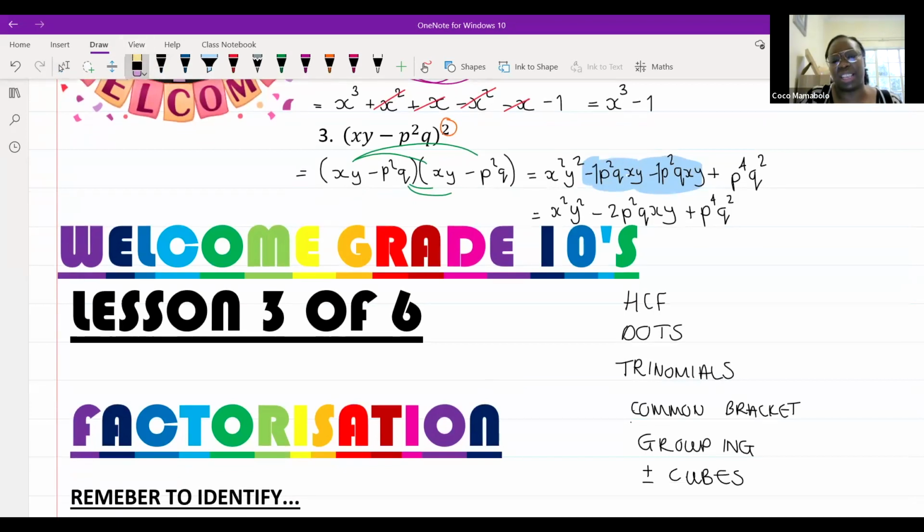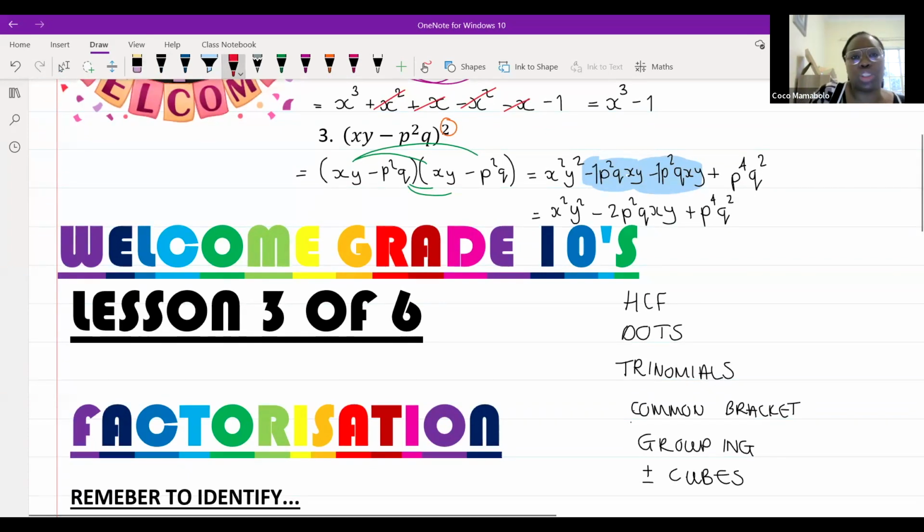But we'll get to that in just a little bit. All right. So these are the 1, 2, 3, 4, 5, 6 things that we need to remember about factorization. Lucky for us, if we can learn how to factorize these 6 different ways, there isn't really much else that they can do in terms of factorization in maths. So we just need to master these.